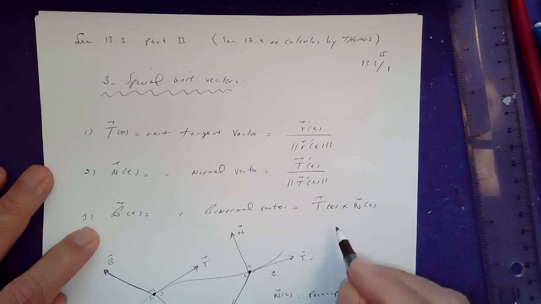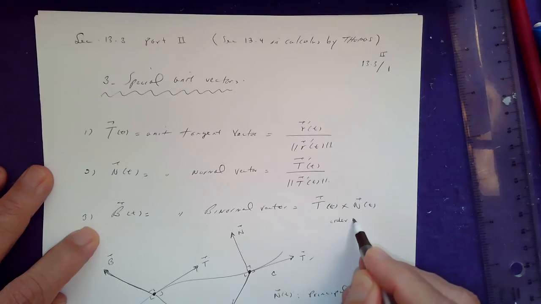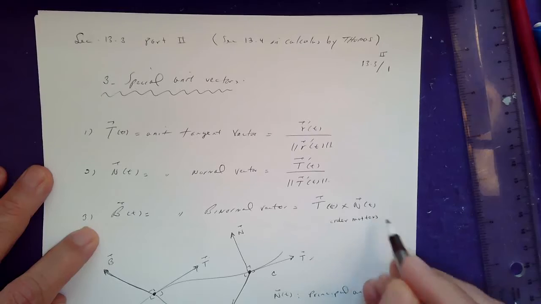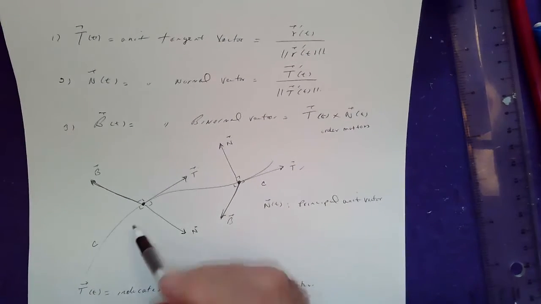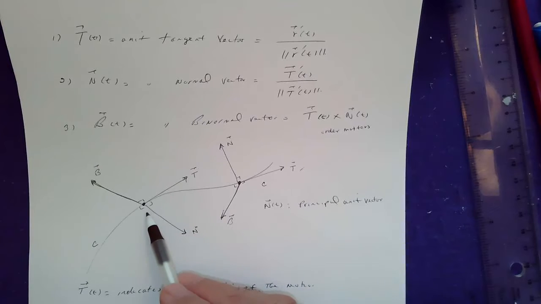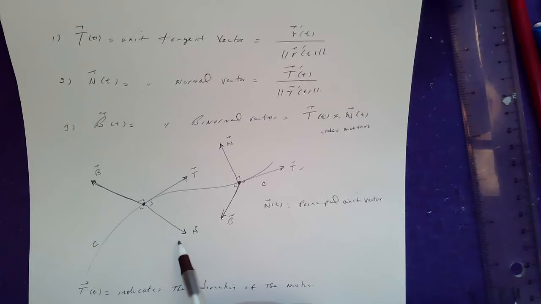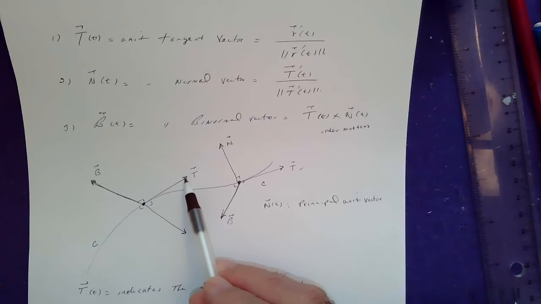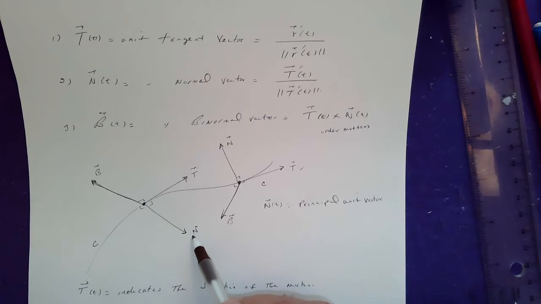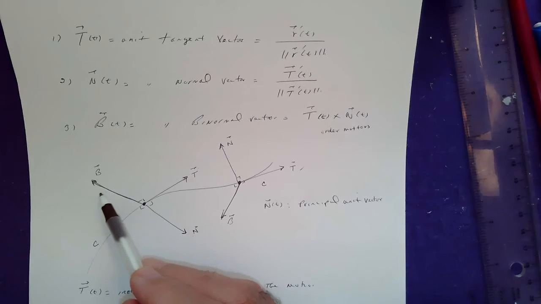T with N. Notice the order matters, correct? So what it amounts to is that in any motion problem, when you have a moving object on a curve, that object is subject to three vectors, namely unit tangent, unit normal, and binormal.